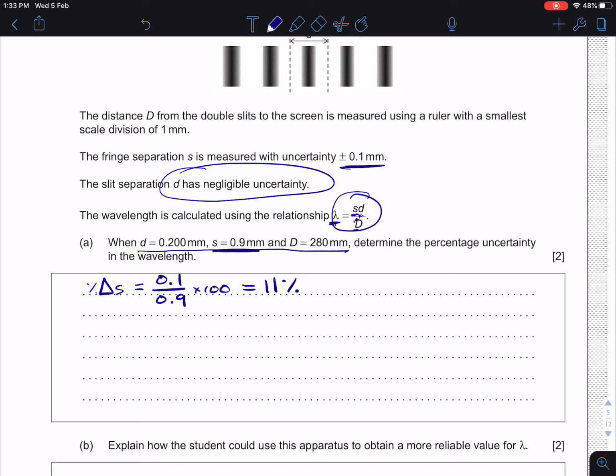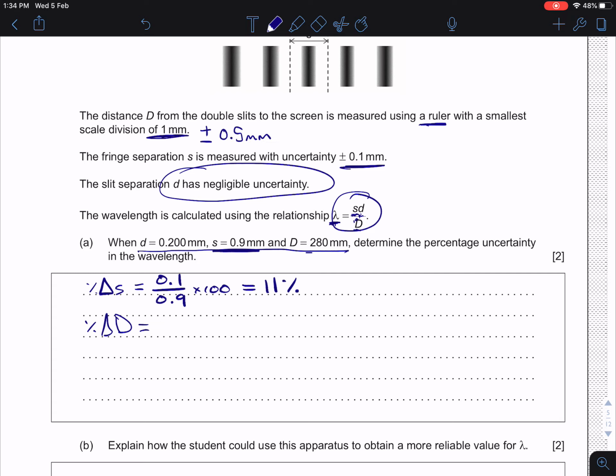And then the percentage uncertainty in big D is, here's your actual value, and the smallest scale division there is 1 millimeter, and it's measured using a ruler. So with an analog device like a ruler, the uncertainty is half of the smallest scale division, so plus or minus 0.5 millimeters.